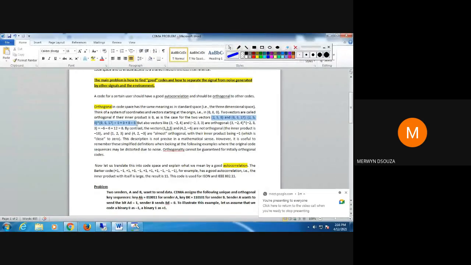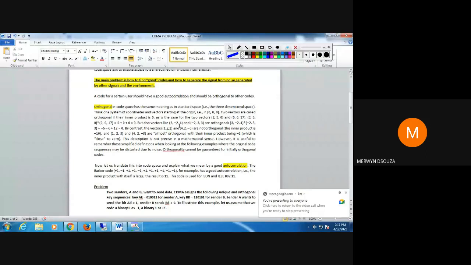So that is the meaning of orthogonal. It's just for you to identify what the meaning of orthogonal is. Here examples are given.